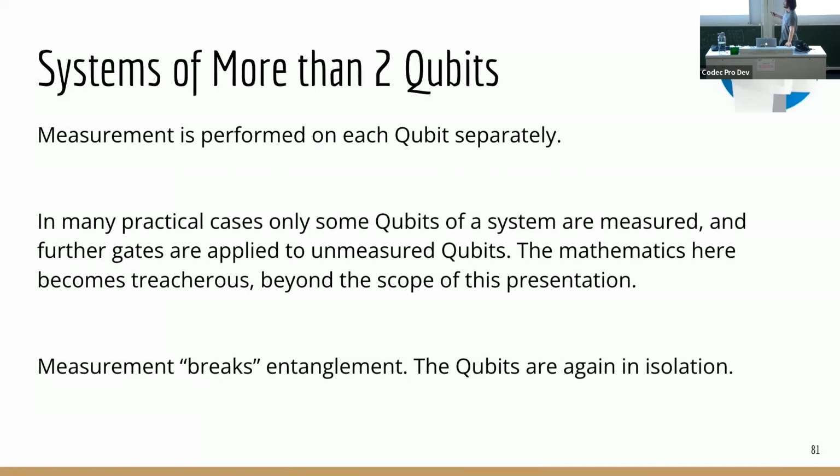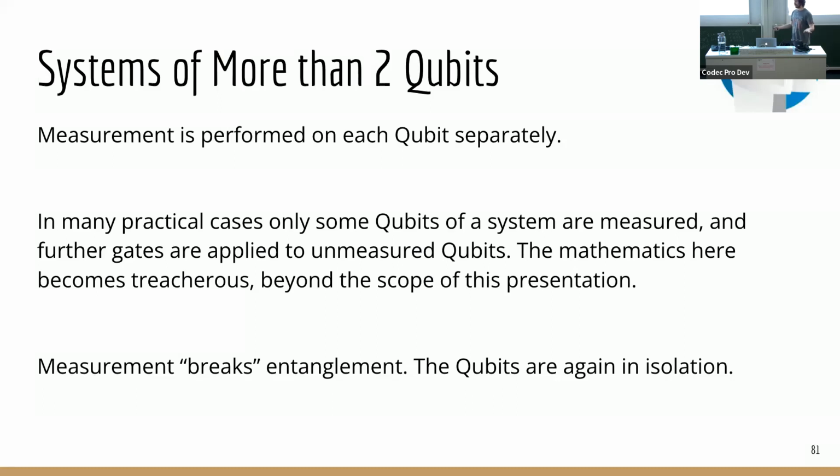Similarly, if we have a system of more than 2 qubits, each measurement is performed on each qubit separately. And there are some practical cases where you might only want to measure some of the qubits in a system. Then sometimes, depending on the outcome, you may apply further gates to the unmeasured qubits.